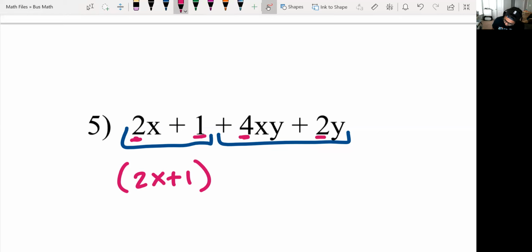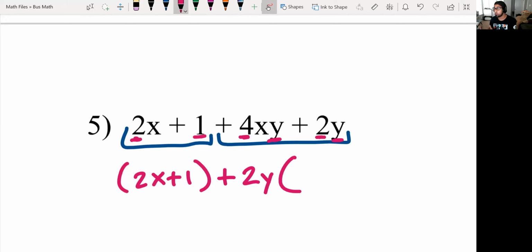So 4 and 2. From 4 and 2, I can take out a positive 2. But also, I have y and y. I can take out a positive 2y.